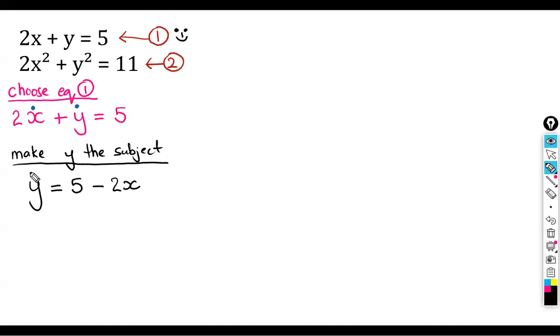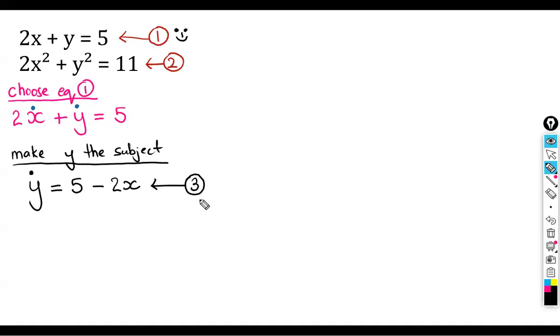You see, once you make a letter the subject, what do we name this equation? Well, what do you all remember from normal, boring simultaneous equation? When you choose an equation from the beginning and make somebody the subject, what do we name that equation? Equation number what? Obviously, 3, because we have 1 and 2 already.